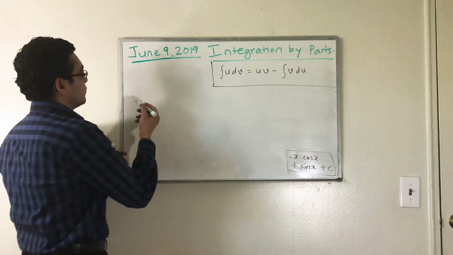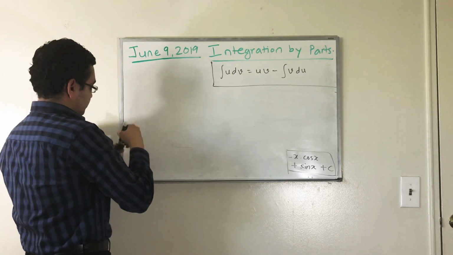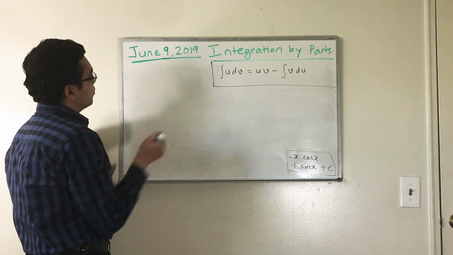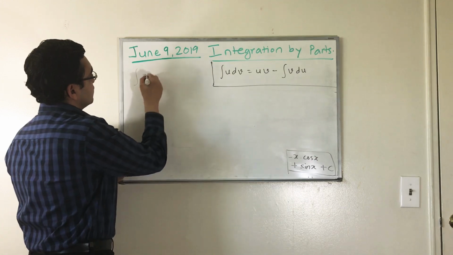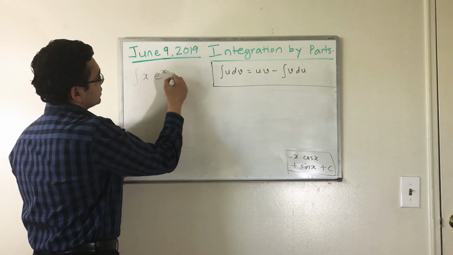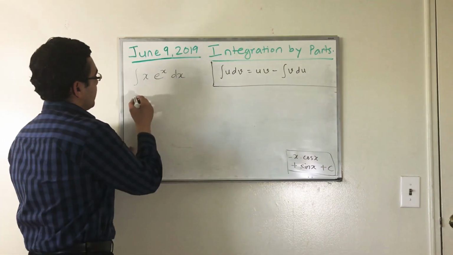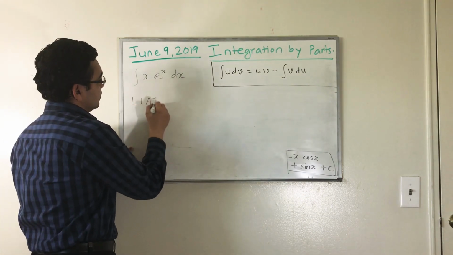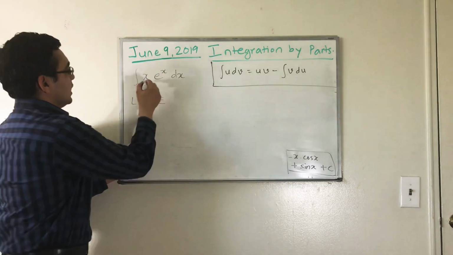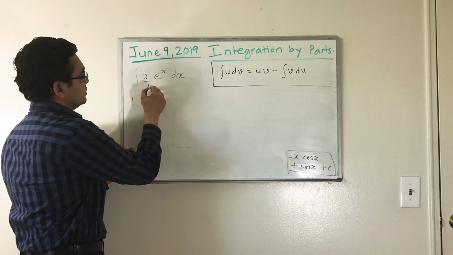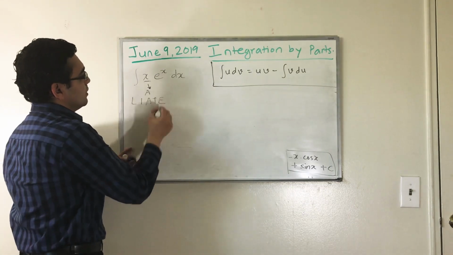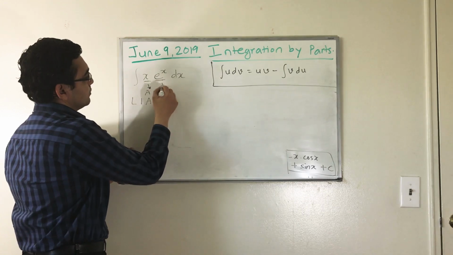Now let us have the integral of x e to power x dx. What does the LIATE rule say? Here x is an algebraic function, A, and this is exponential.